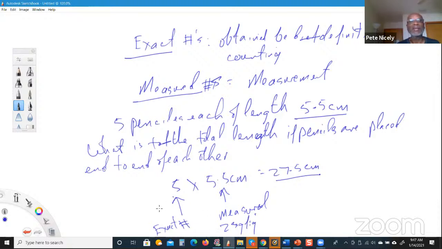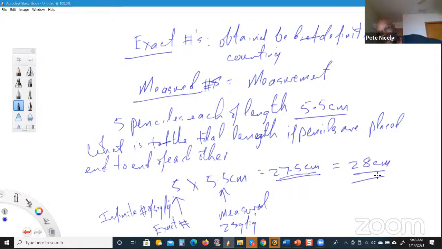And when it comes to any exact number, the number of significant figures are infinite. So this number here has an infinite number of significant figures, all right? So therefore, since 2 is less than infinity, that means that we have to round off this final answer to 2 significant figures, which becomes 28 centimeters. So that would be the final answer in that case, all right?